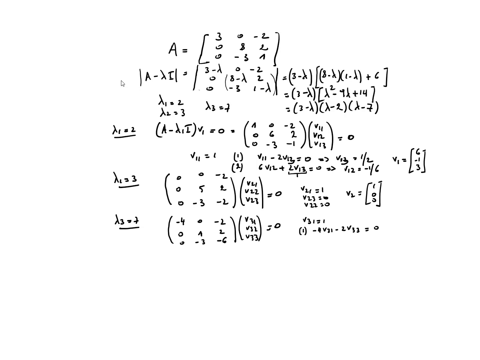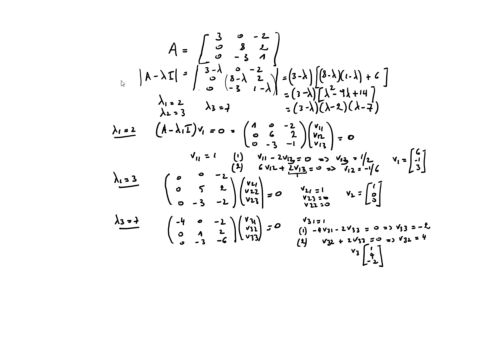Now remember that this is minus 4, so v3 3 is equal to minus 2. The second equation will yield v3 2 plus 2 v3 3 is equal to 0. So this is minus 4, so v3 2 is equal to 4. Okay, so v3 over here is 1, 4, minus 2.